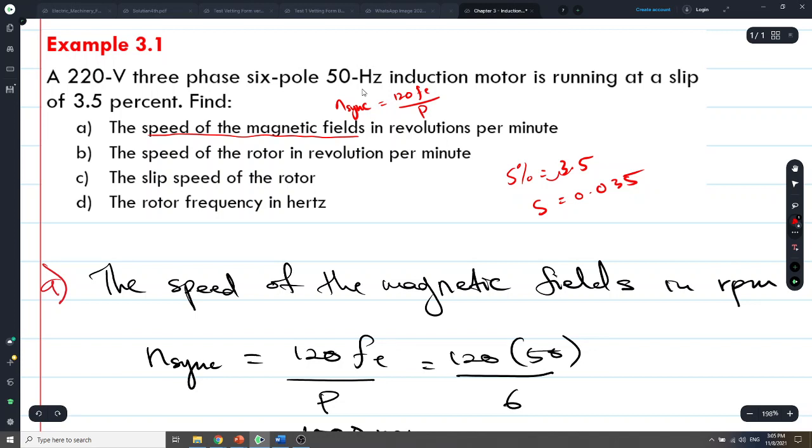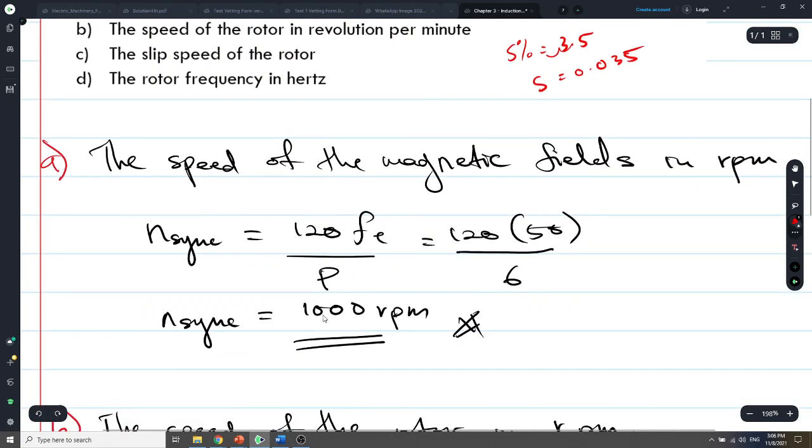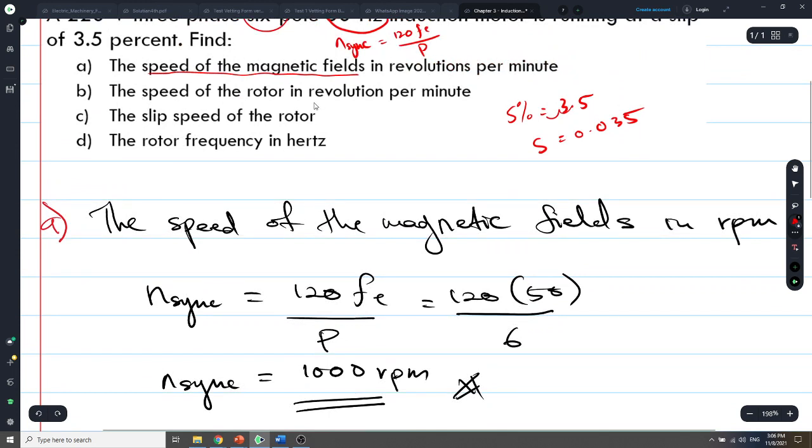Okay, so easy yang ni. So kita dah ada FE, so this is the FE, 50 Hz, and the number of pole is 6. So kita just masuk je lah into the equation. Okay, so we get 1000 RPM. And then the speed of the rotor in revolutions per minute.